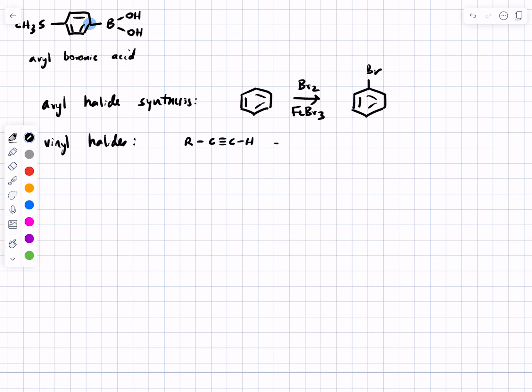You could, for example, use HBr to do addition of one equivalent of HBr across one of the pi bonds in the alkyne, and that would give you this vinyl halide. Making other vinyl halides might be somewhat difficult, but that's one of the ways that you can do this. In most of the practice problems I'm looking at in your text, it looks like the aryl or vinyl halide is already prepared for you and you're good to go.